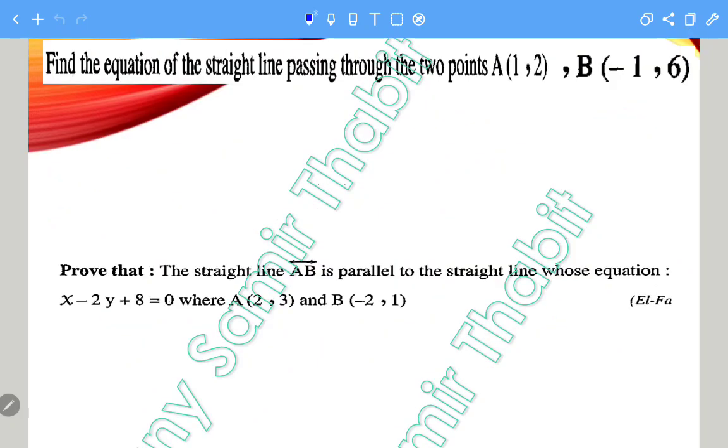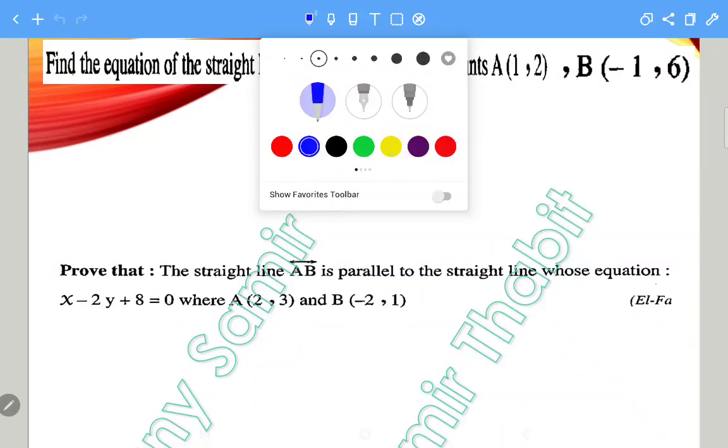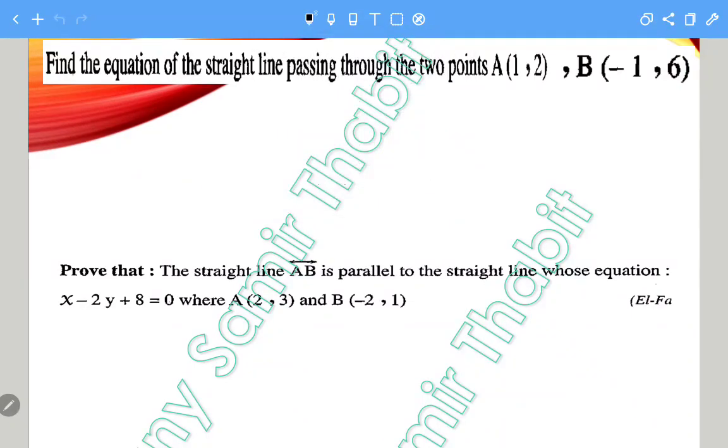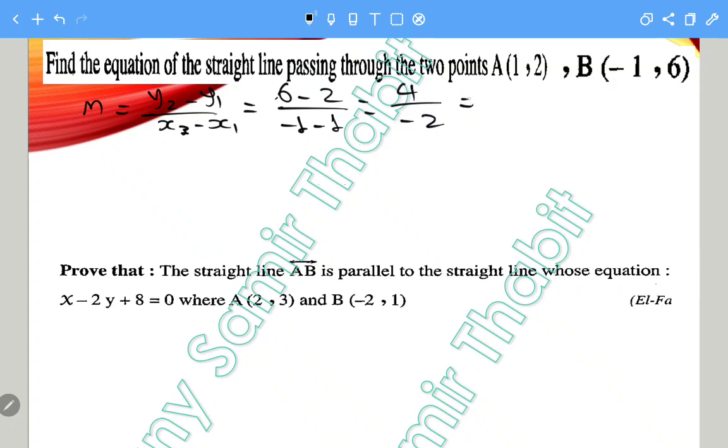Here we have another idea. If we have to find the equation of the straight line passing through 2 points, here directly m equals y2 minus y1 over x2 minus x1 equals 6 minus 2 over negative 1 minus 1. 6 minus 2 equals 4 over negative 2 equals negative 2.